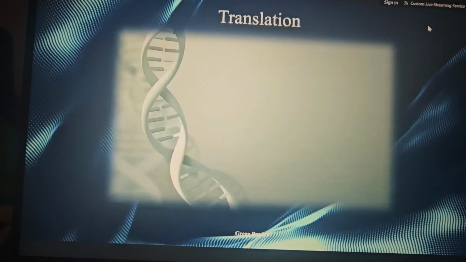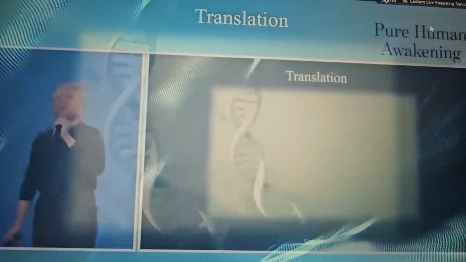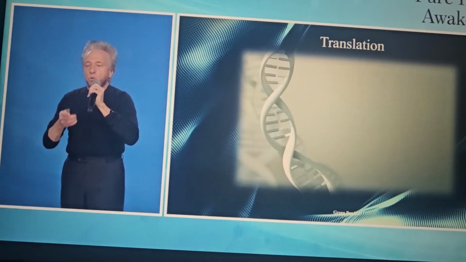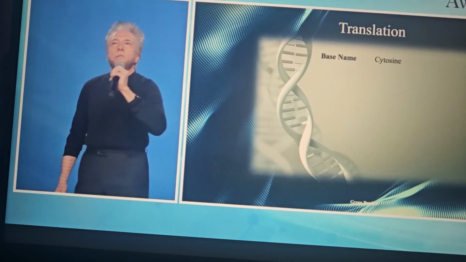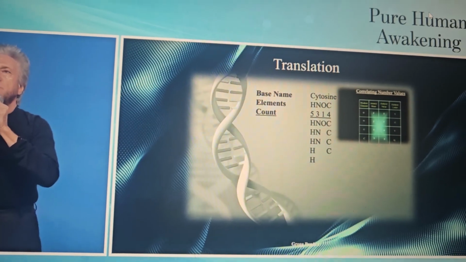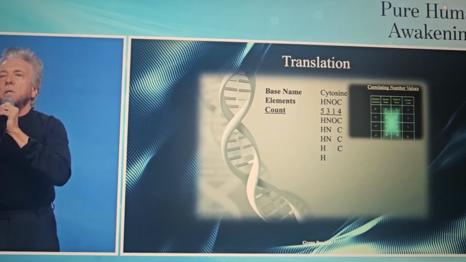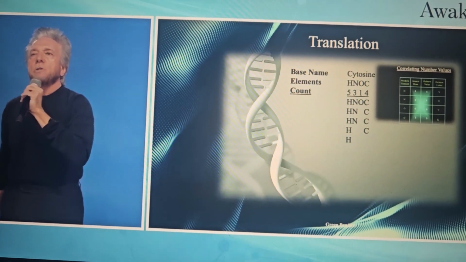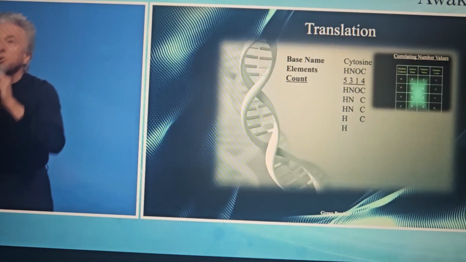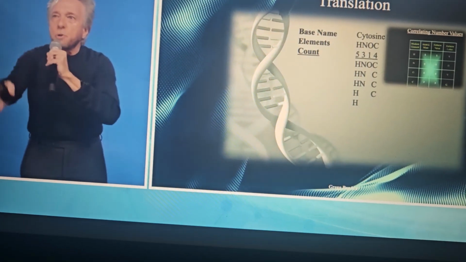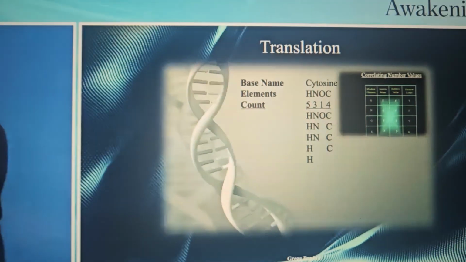Now, if you take that chart and you go back to the stuff we're made of, let's take cytosine, for example. Here's cytosine. It's made of hydrogen, nitrogen, oxygen, carbon. 5 hydrogens, and I've actually spelled them out there in a vertical column. 3 nitrogens, 1 oxygen, 4 carbons. You can see it right there.